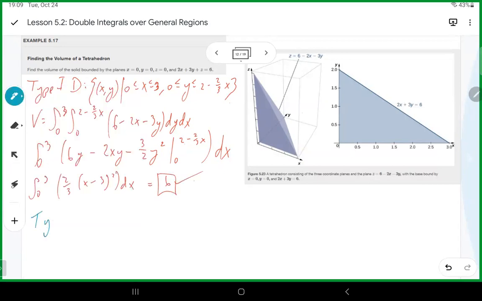And if we go with type 2 D, we have y from 0 to 2, and then x from 0 to 3 minus 3/2 y.